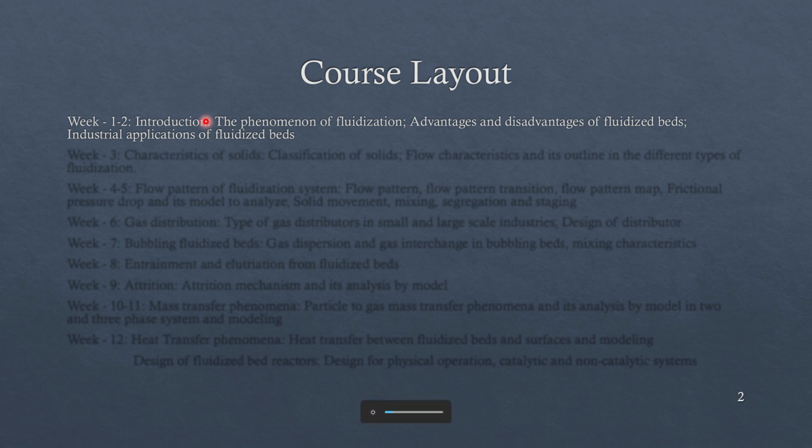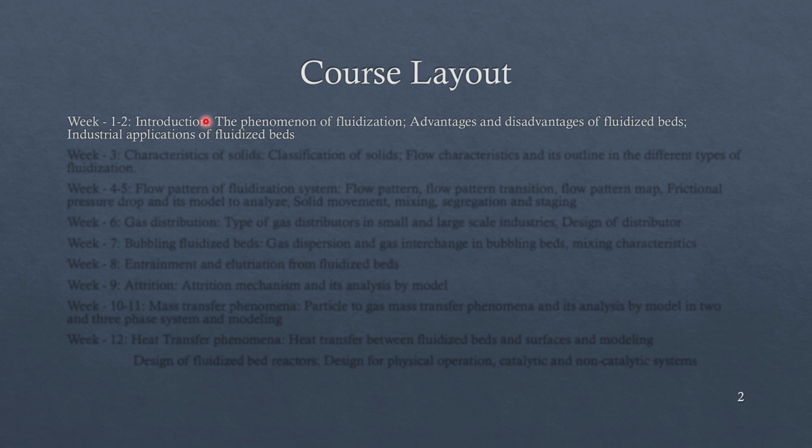So that is one disadvantage. And where do we find applications of fluidized beds? Fluidized beds are very much used in chemical engineering industries, like various homogeneous and heterogeneous reactions, biomass gasification, everything uses fluidized beds. So it is very much essential to understand the phenomenon of fluidized beds.